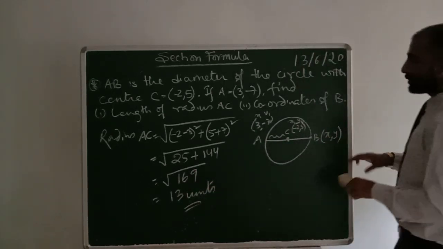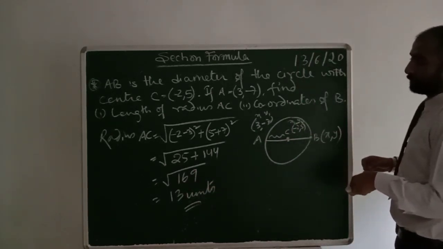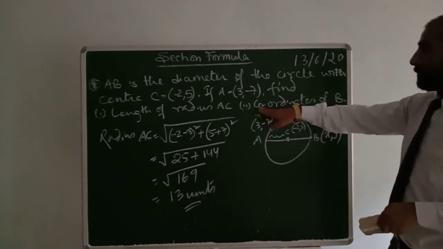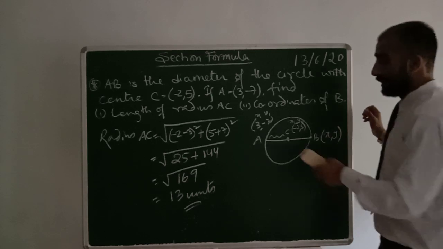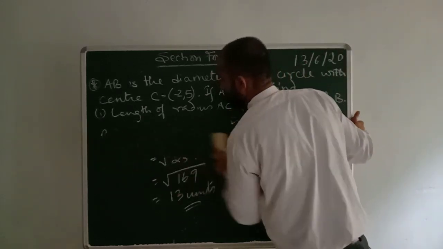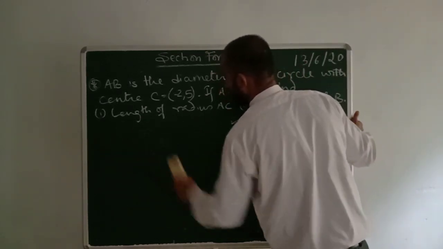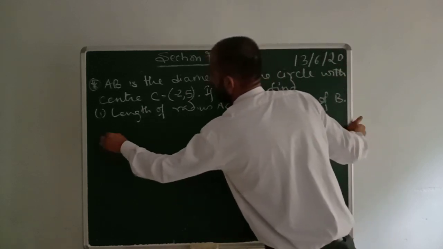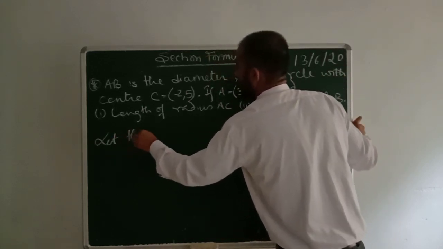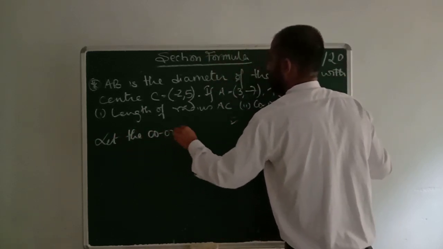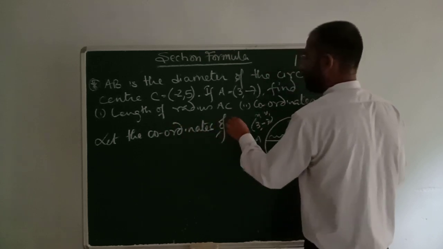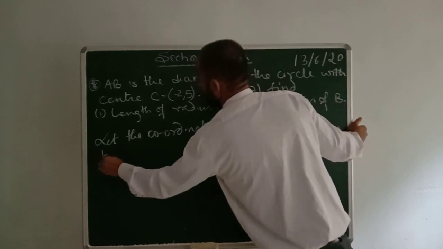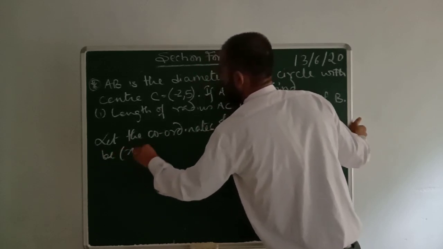Okay, let's move on to the second part. Coordinates of B we are supposed to find. Let the coordinates of B be (x, y).